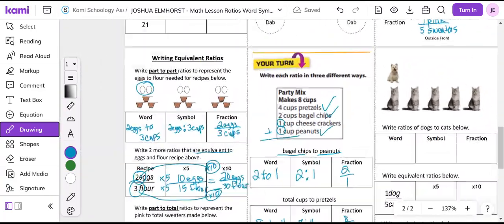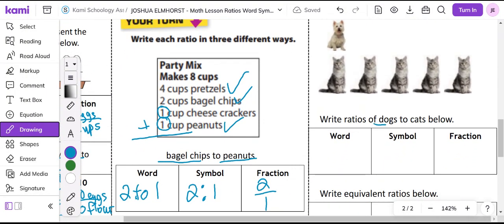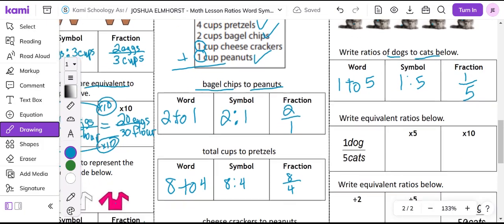All right, going through another example here. So dogs and cats. Dogs to cats. How many dogs? 1 dog to 1, 2, 3, 4, 5 cats. 1 to 5, and then fraction 1 over 5.